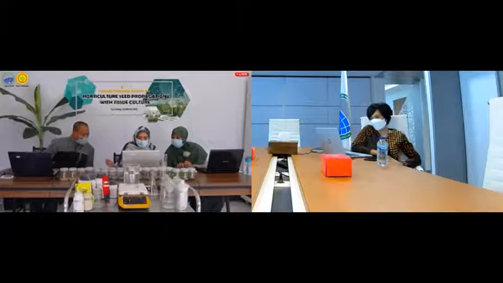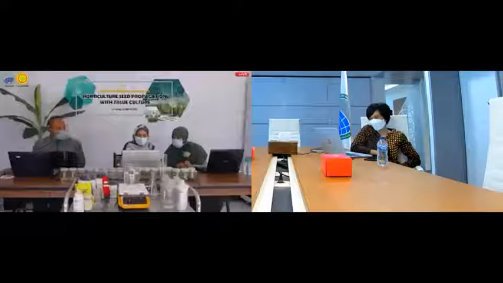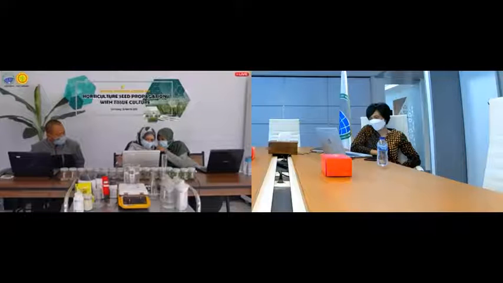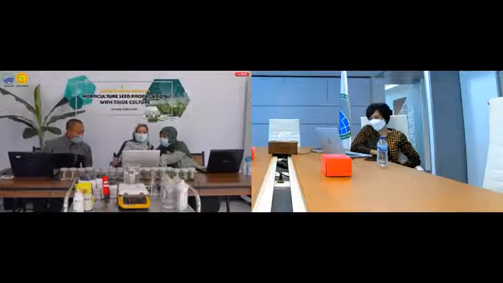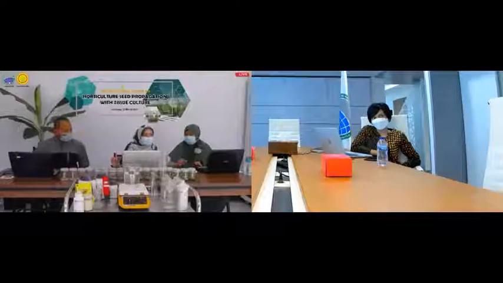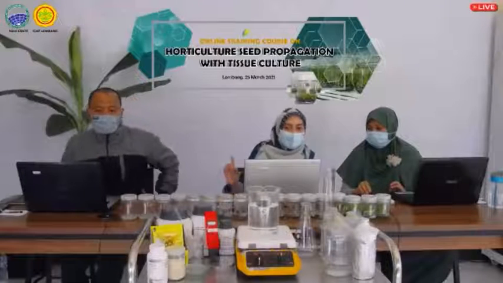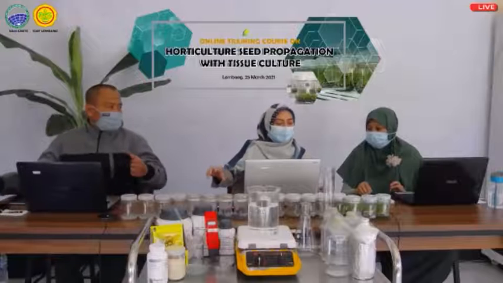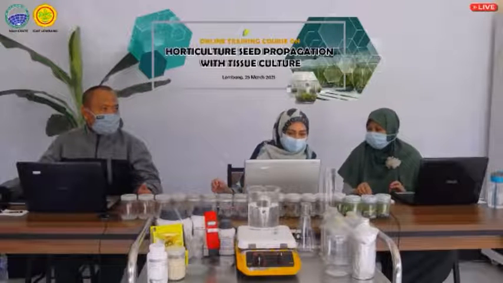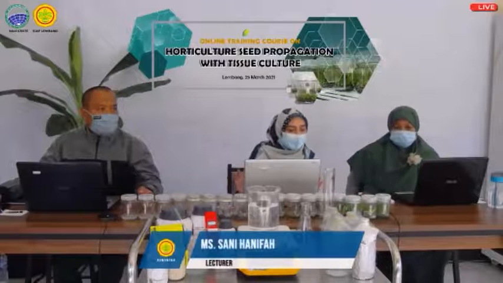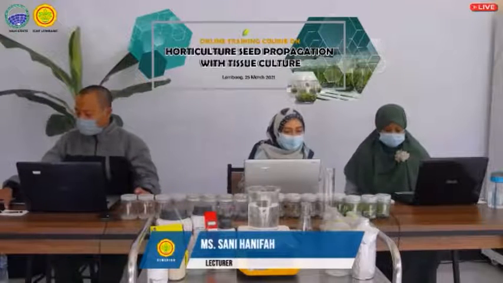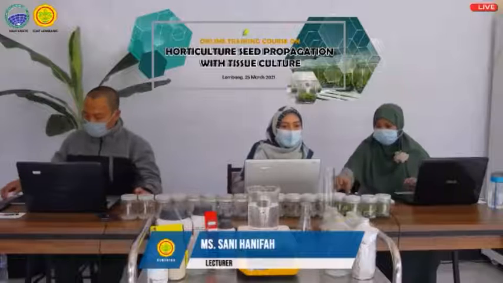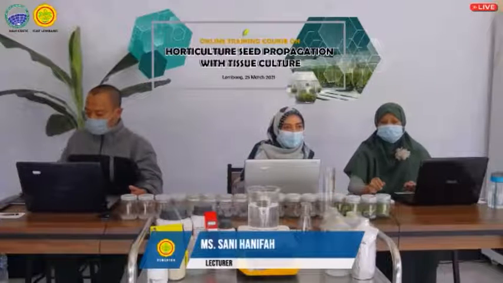You can make yourself a media, or we can use the instant Murashige and Skoog media. You can buy it in a chemical store or online shop, so you do not have to weigh each material.